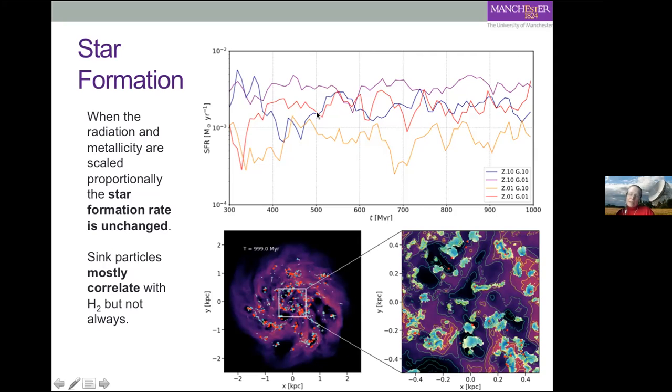So the red and the blue lines are a factor 10 reduction in metallicity and interstellar heating. And what we find is that despite this factor 10 reduction, the star formation rate is almost identical. And this is showing you that what's really important for the star formation is just where the cold, dense gas is. It doesn't really care about the molecules of H2.